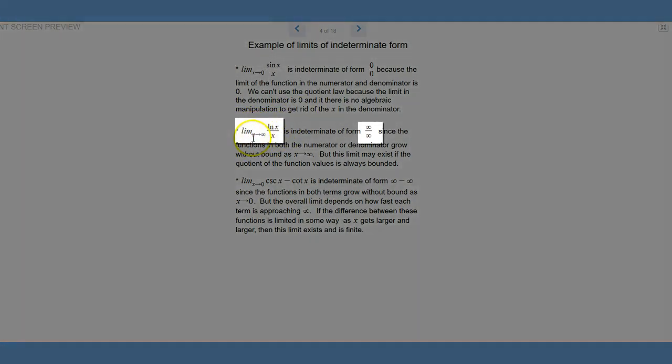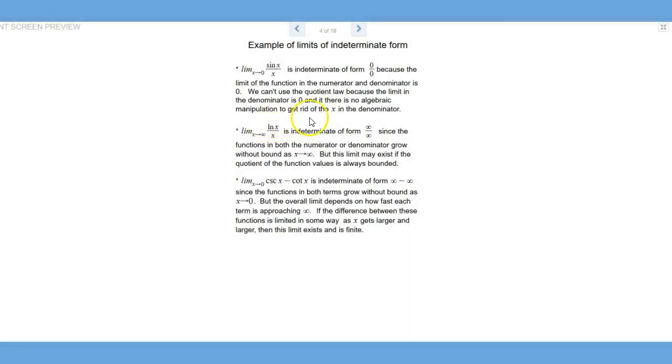This limit, as x goes to infinity of ln of x over x, is of the form infinity over infinity, because ln of x is growing without bound as x grows without bound, and so is that denominator. But we don't necessarily know that this limit's not defined, even though it's of this indeterminate form, because how the numerator and denominator behave relative to each other as x goes to infinity is what really determines the limit.